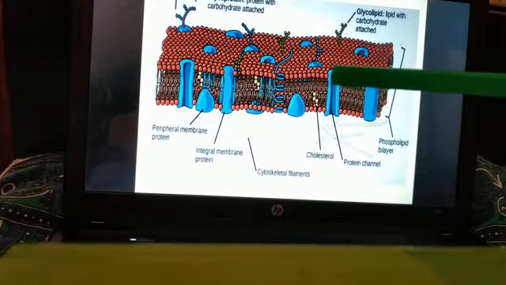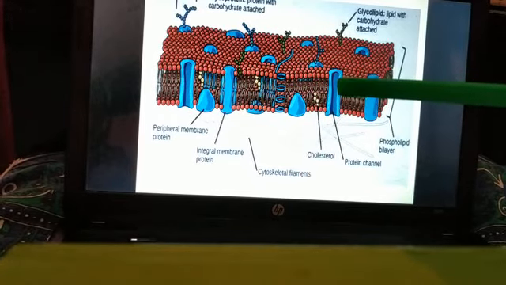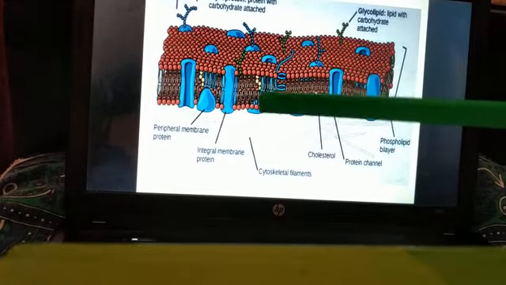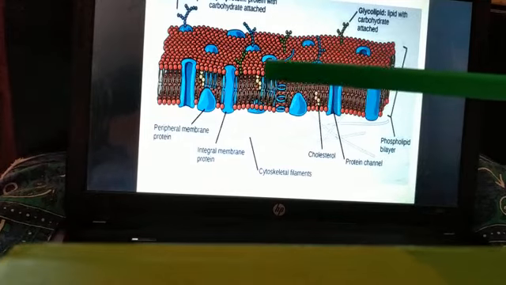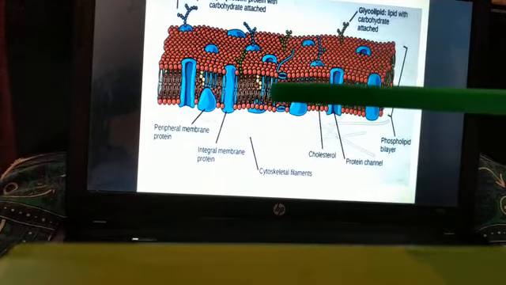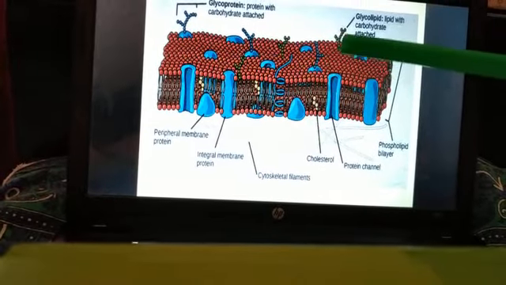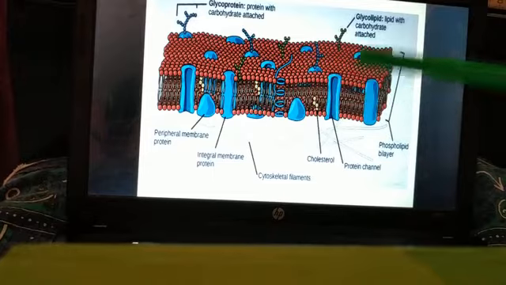And this is the channel protein, the transmembrane protein, which will help in movement of water soluble substances. And in between we have proteins embedded in this layer. Can you see? So this is the diagram of the plasma membrane.